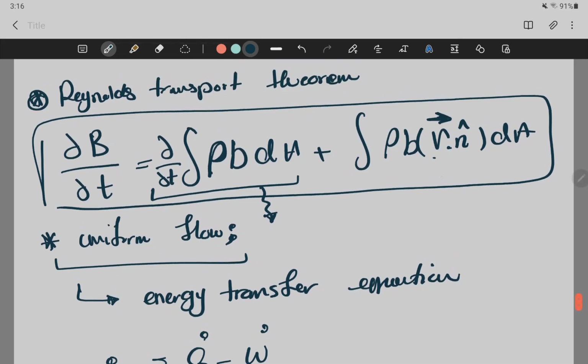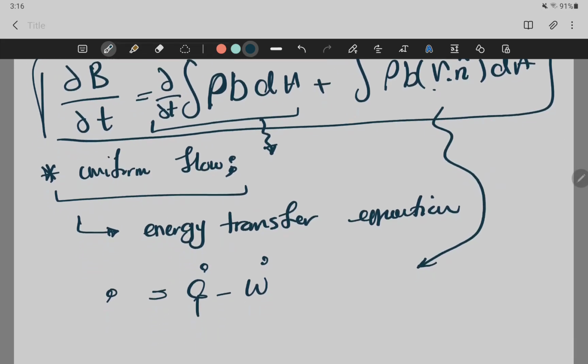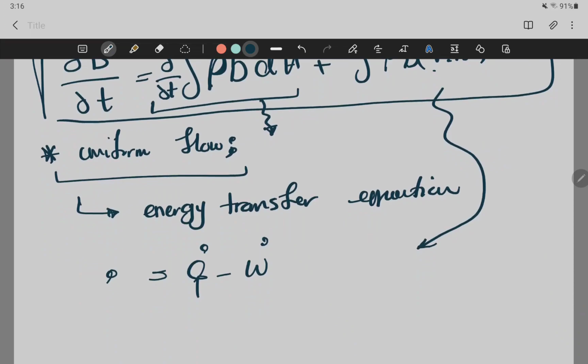But on this side, if your control volume has an inlet and an outlet, energy actually can come into the system and leave the system. Think of a turbine. A very high energy fluid comes into the turbine, then we extract some work out of it, right? And then a lower energy fluid leaves the turbine.